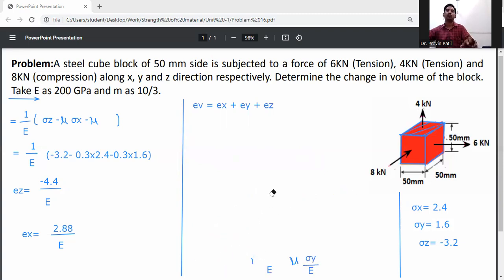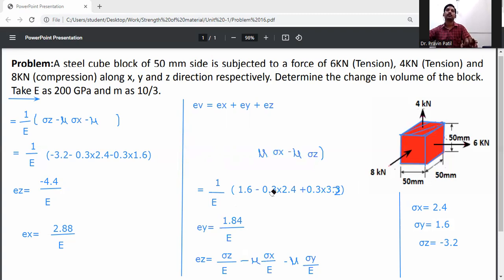So we require all this value: EX, EY, EZ. Put all this value here.